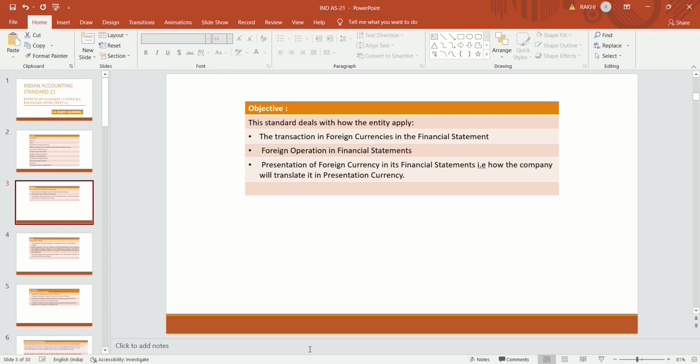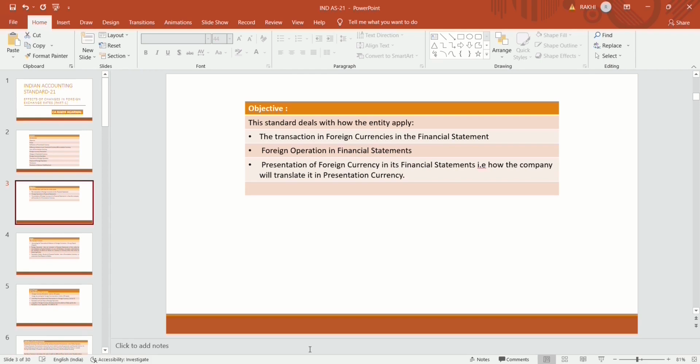So for their understanding we prepare the presentation currency. It's not necessary that we make only one presentation currency. The financial statement may be presented in various currencies, but the functional currency is only one. There are no multiple functional currencies, and foreign currency is other than the functional currency. I'm just giving a brief of what we are going to discuss in this standard.